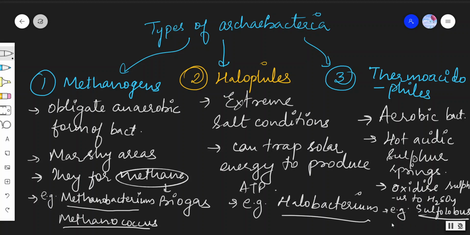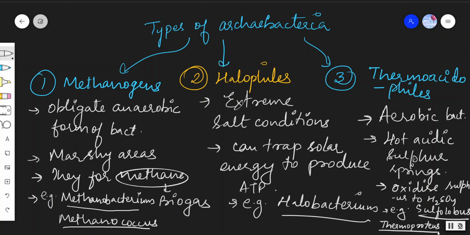Let's take another one, that is Thermoproteus. Clear? Now you can actually relate them. Methanogens produce methane.